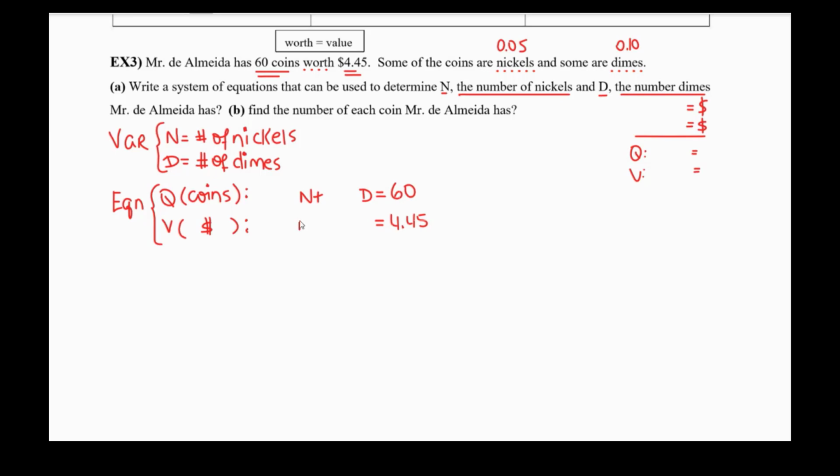But on the equation that represents value, you need to add the value of each variable in front of it. So in this case, the value of a nickel, which is 0.05, and the value of a dime, which is 0.10. So right now, we have our two equations.